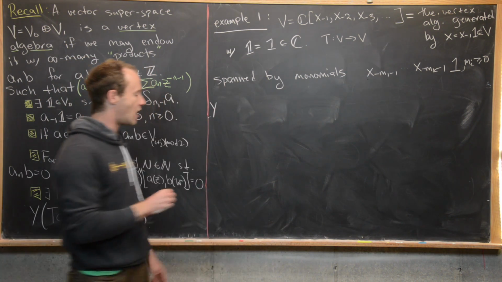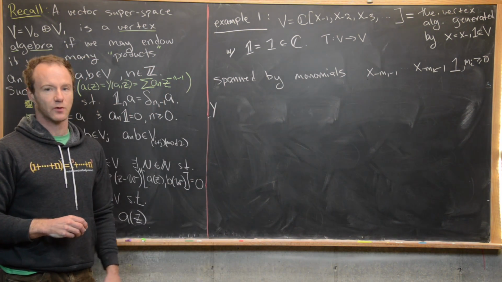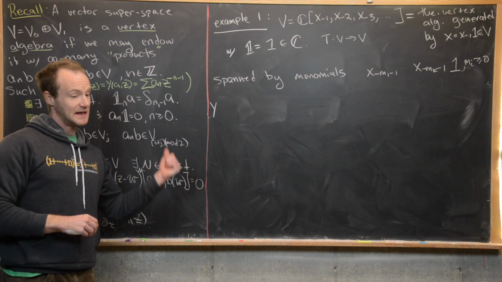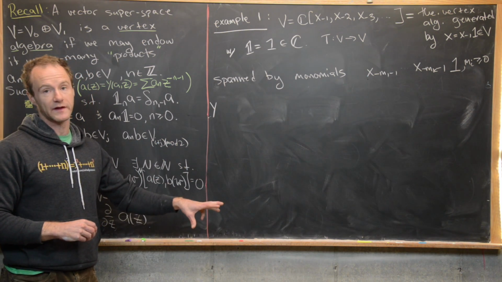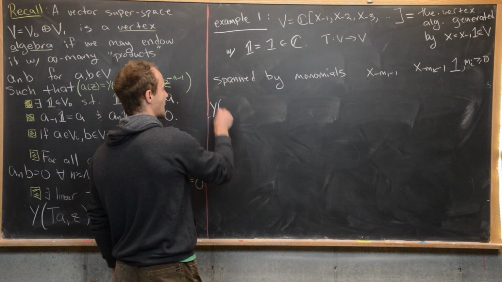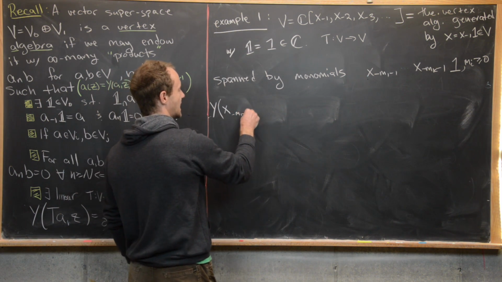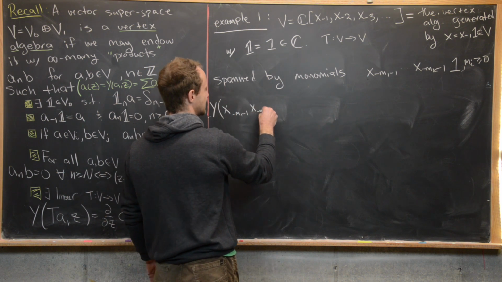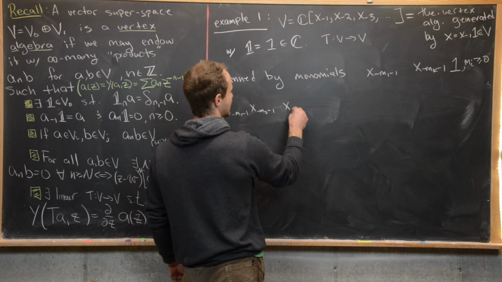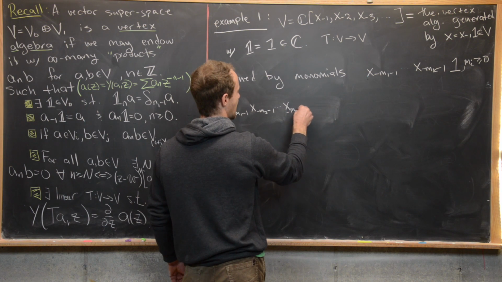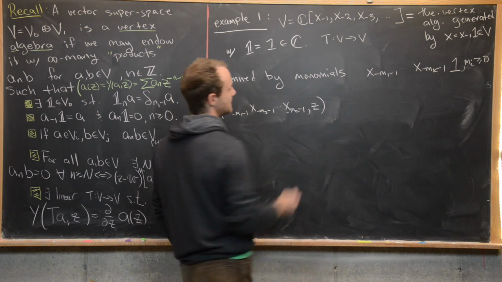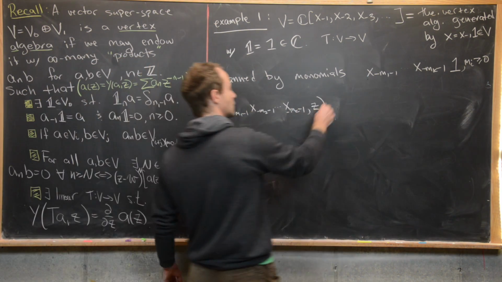But if we recall the definition from the first board, involving negative products and the normally ordered product, we know that the vertex operator of x sub minus m1 minus 1, x sub minus m2 minus 1, all the way up to x sub minus mk minus 1, z, is going to be equal to the following.